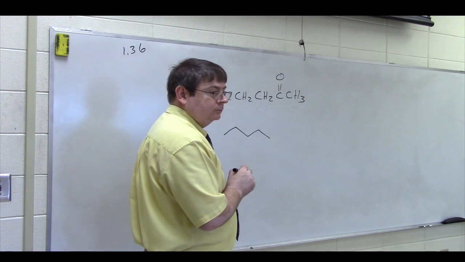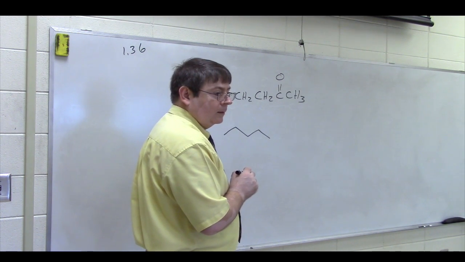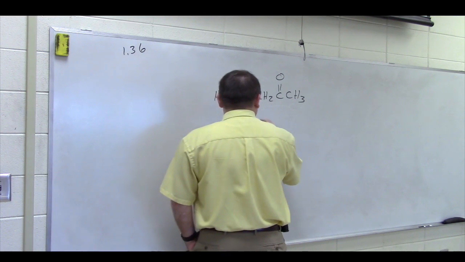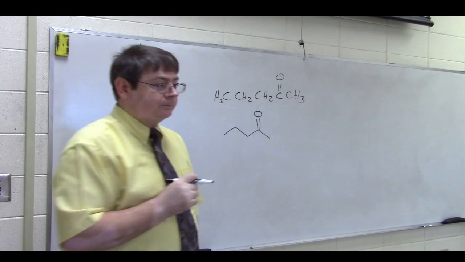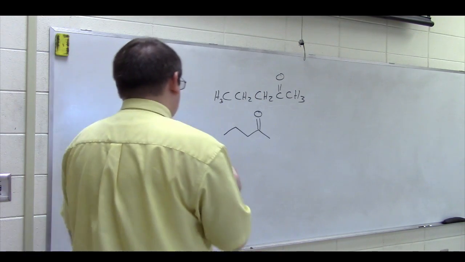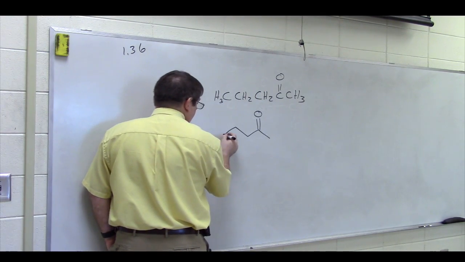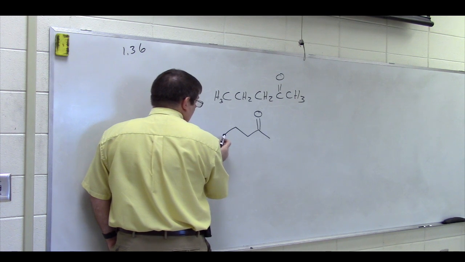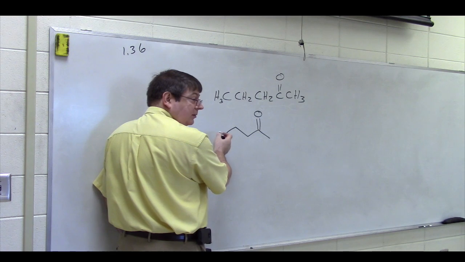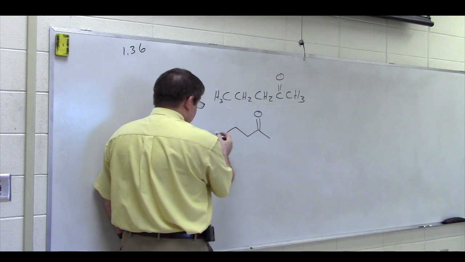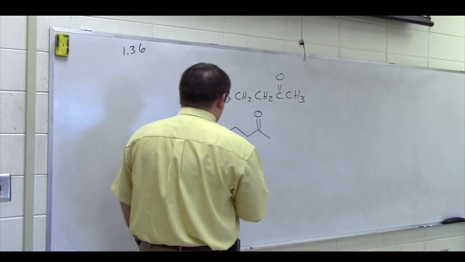Put a double bond on the second carbon, then we are done, right? So I've got 1, and that's showing that that carbon is bound to what? One other carbon, so I know that that has to be the CH3 group, right? Because there's got to be 3 hydrogens there to take up the valence.